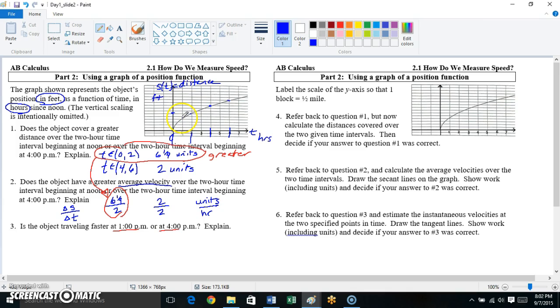So at 1 o'clock, if I attempt to draw a tangent line, which is a little tough to do using my tablet here, but I can see that the slope is steeper at 1 o'clock than at 4 p.m. Okay, so the object must be traveling faster at 1 p.m.